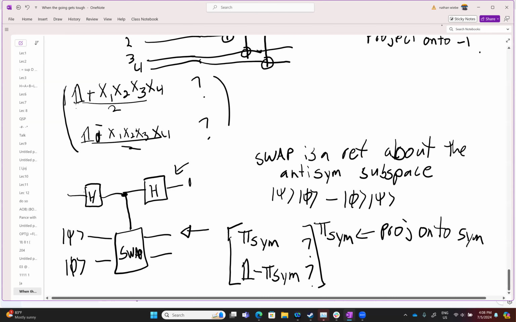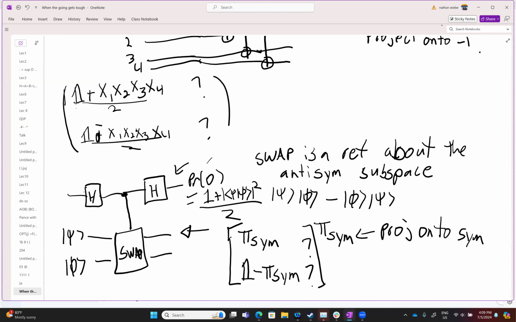As I said before, the probability of measuring zero at the top, you can see just from the discussion that we did previously, is 1 plus the absolute value of psi phi squared, divided by 2. This is normally why people care about the swap test, because it gives us a way of measuring the overlap between two different vectors.